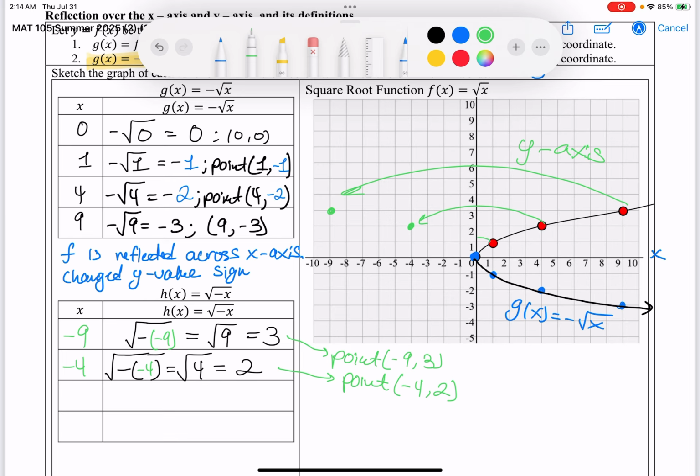So therefore, the next point would be -1, 1. And don't forget we have that 0, 0, which I'll put like that. And then we'll sketch that. H of x equals the square root of -x.